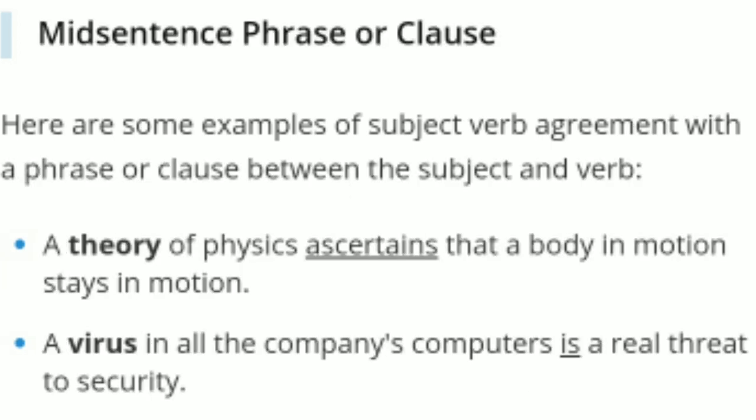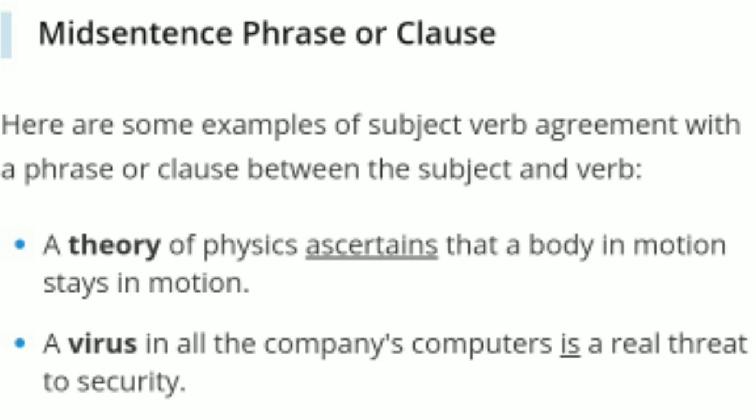Also, in some cases, you'll find a mid-sentence phrase or clause in subject-verb agreement. What is a mid-sentence phrase or clause? As you can see, there's a phrase in the middle of a sentence: a theory of physics ascertains that a body in motion stays in motion. The phrase that a body in motion is a phrase or clause put in the middle of a sentence.